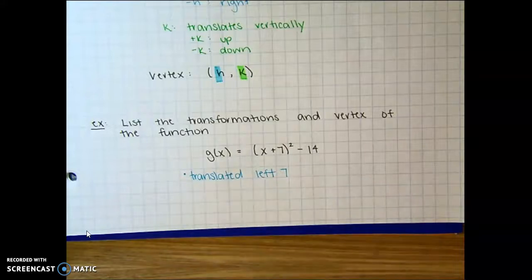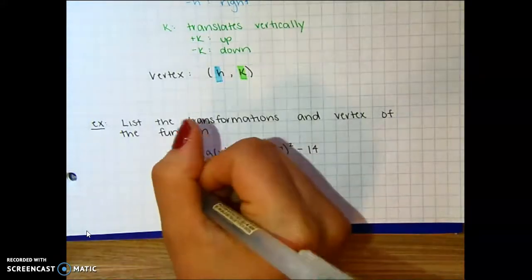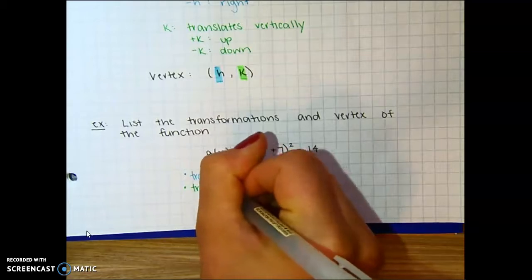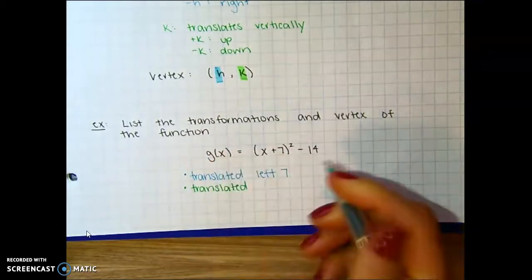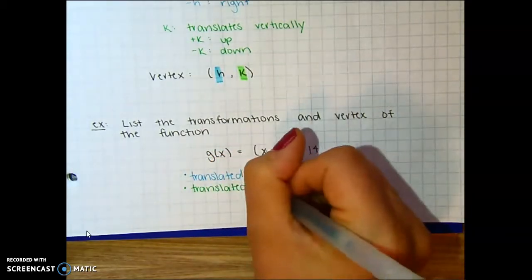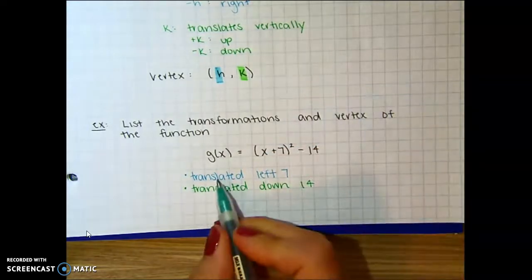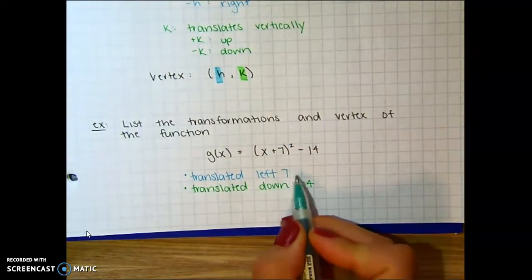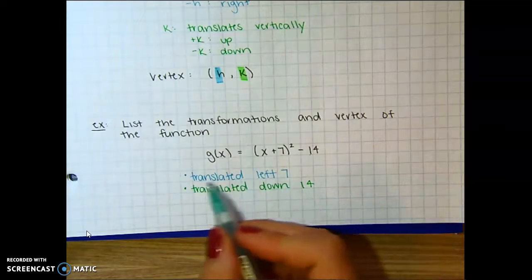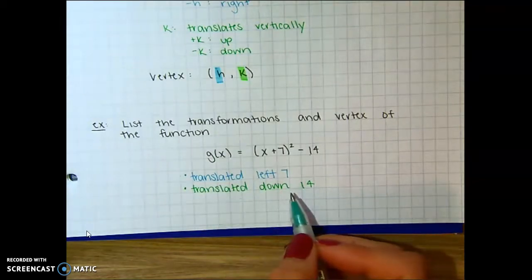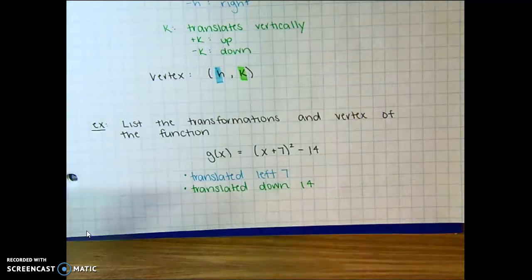And it's also translated down 14. You must say translated and the direction and the number. You're not going to say translated plus 7. You're not going to say translated minus 14. I want you to make sure you're using the right vocab.